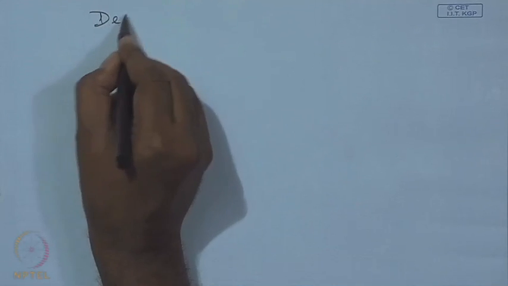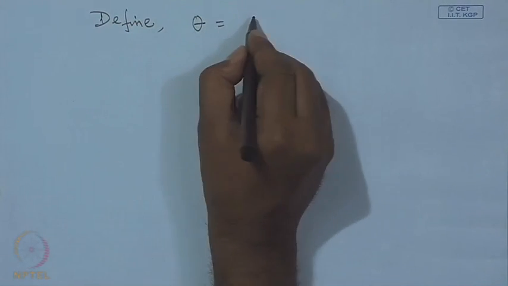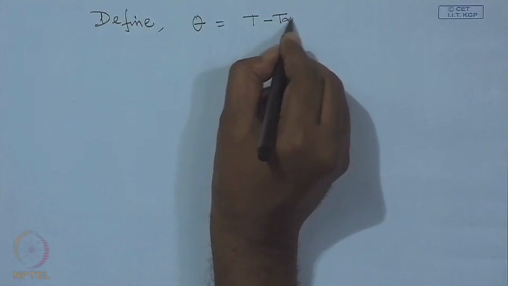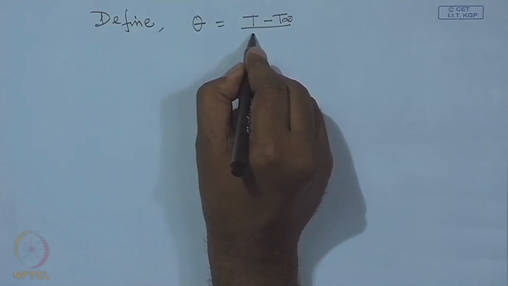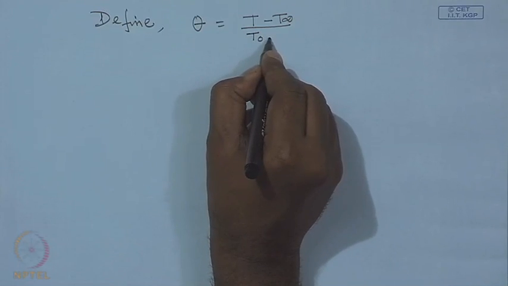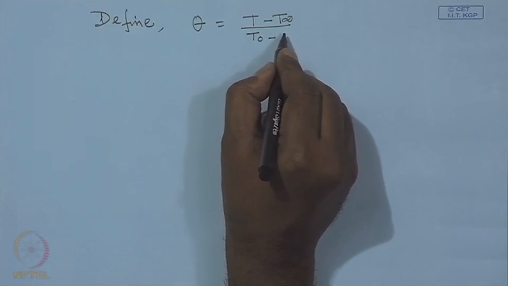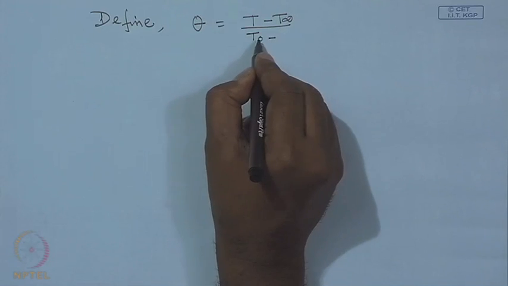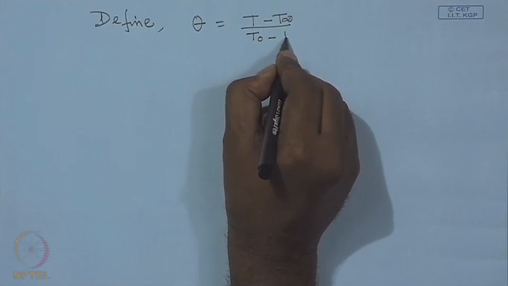Let us define a non dimensional temperature theta as T minus T infinity divided by T0 minus T infinity.